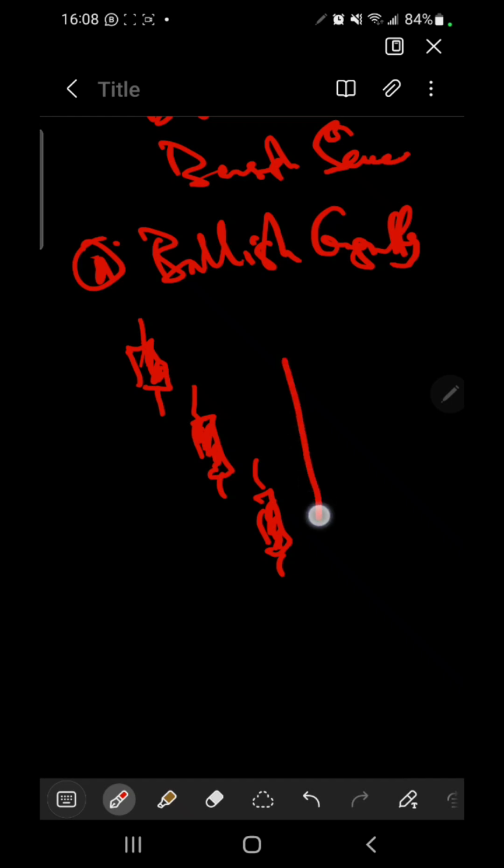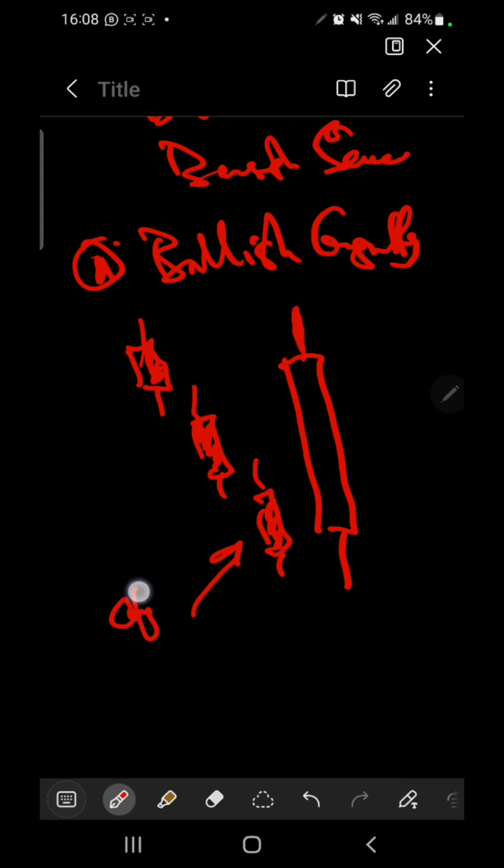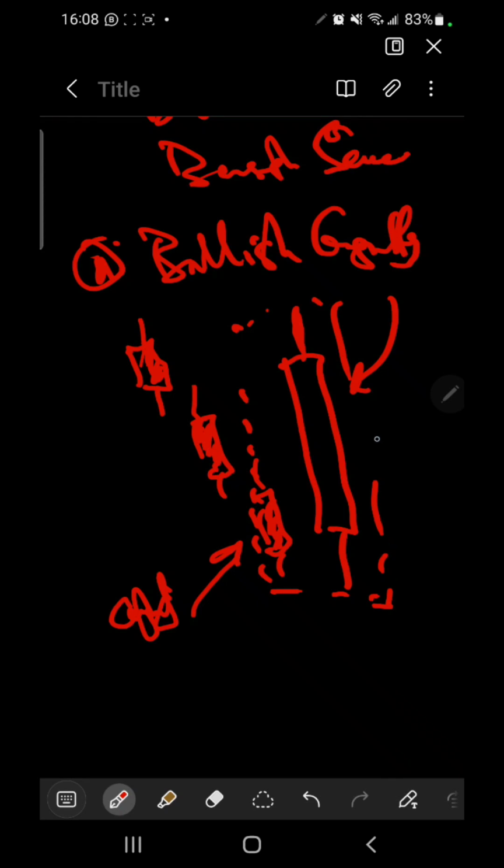Then from nowhere, we are going to get a large bodied candlestick in the opposite direction that is going to engulf the previous candlestick. It is this pattern here that we are going to term the bullish engulfing.